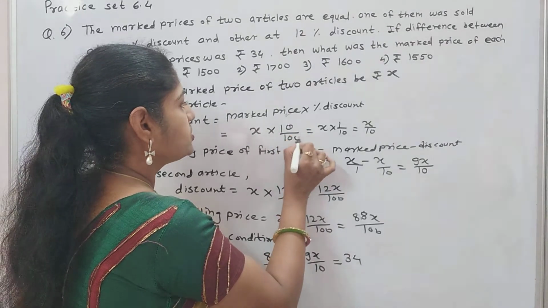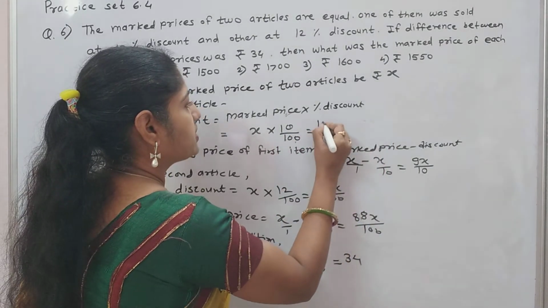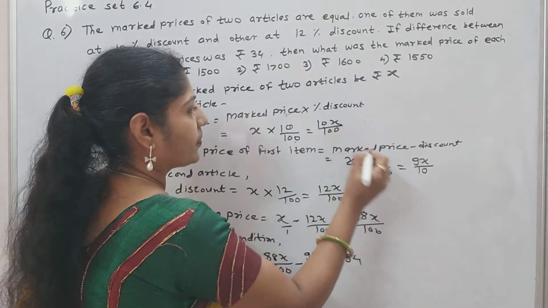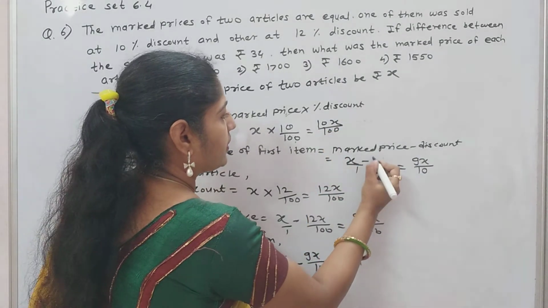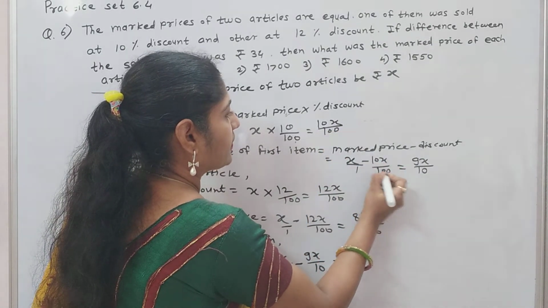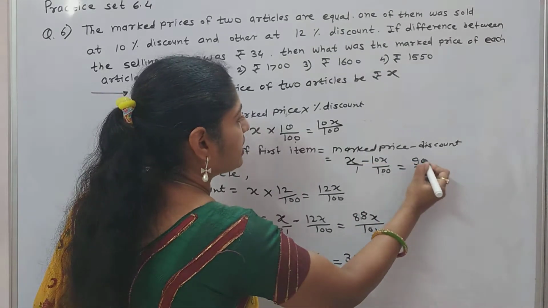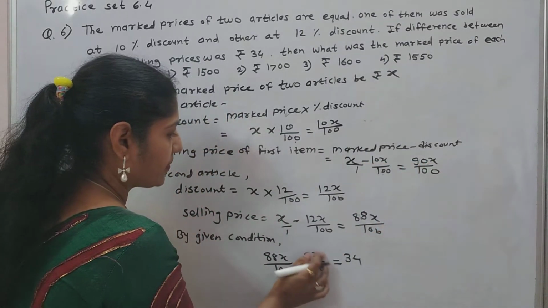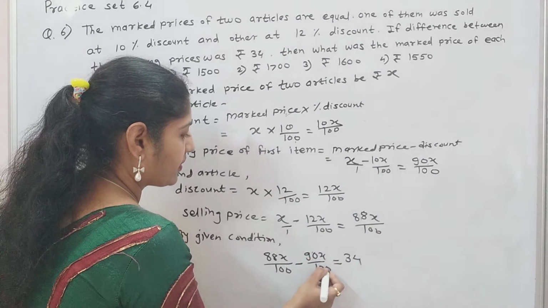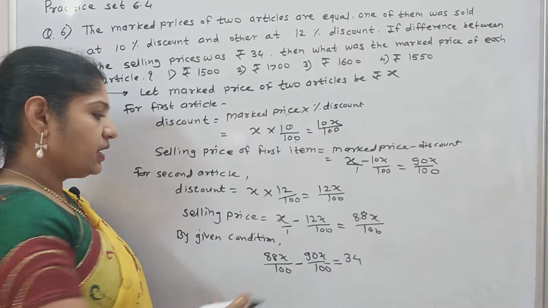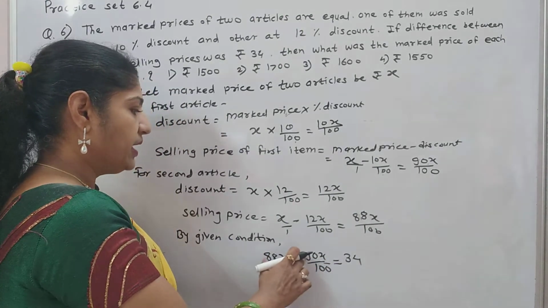No need to cut the zeros. 9X upon 10 becomes 90X upon 100. There is the equal denominator.